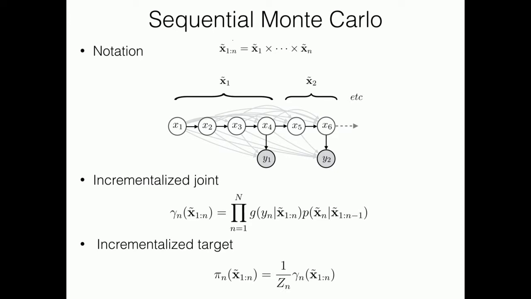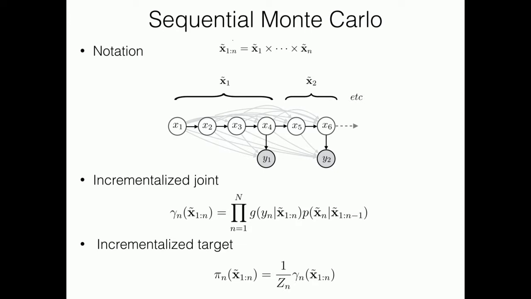That set we're just going to call x twiddle, and we're going to say that there are some number of observations n, and we're just going to look at the state space model that comes about from sampling sets of random variables x up to the next observe statement. So we're going to sample values for a set of random variables up to each observe, and we're just going to call those x twiddle. So the entire trace is x twiddle 1 to n.